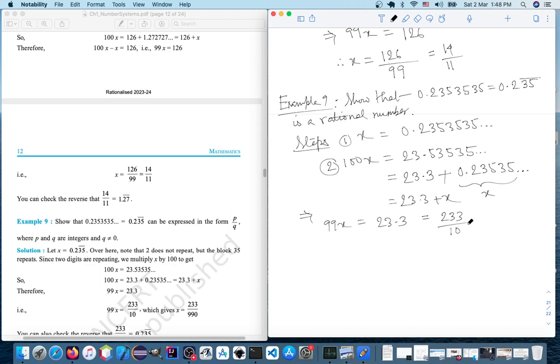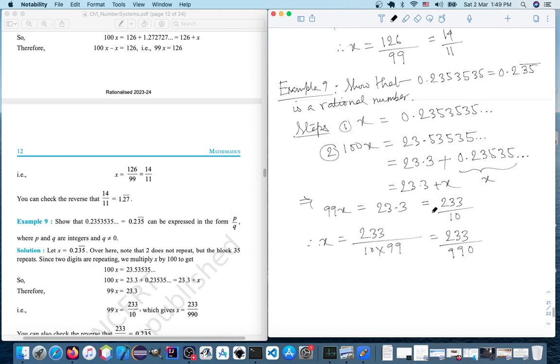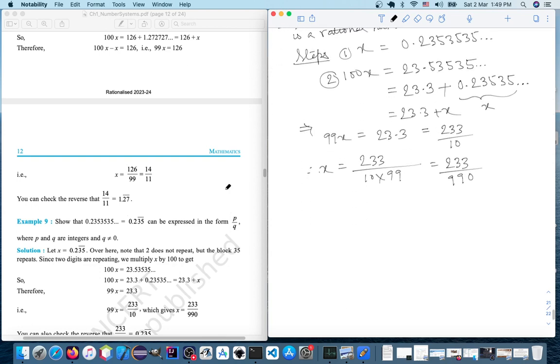Therefore x becomes 233 by 10 into 99, which is 233 by 990. So we converted the given number into a rational form.